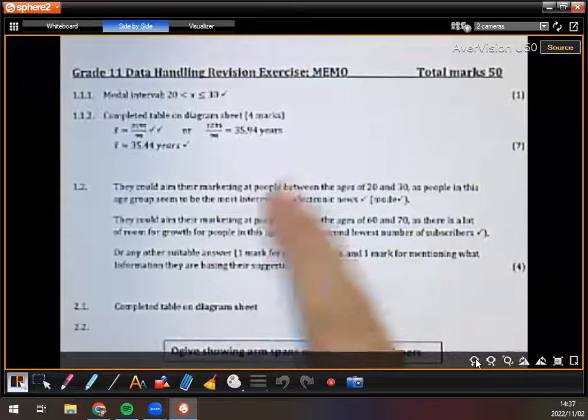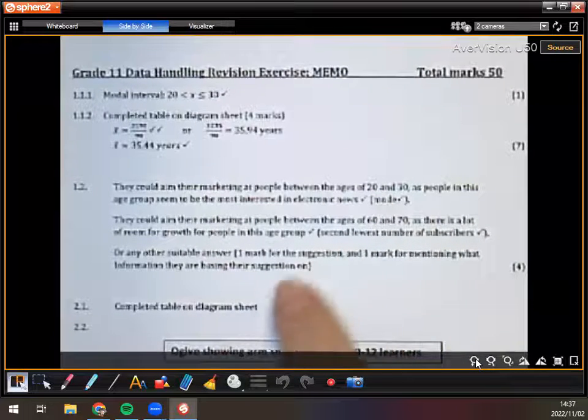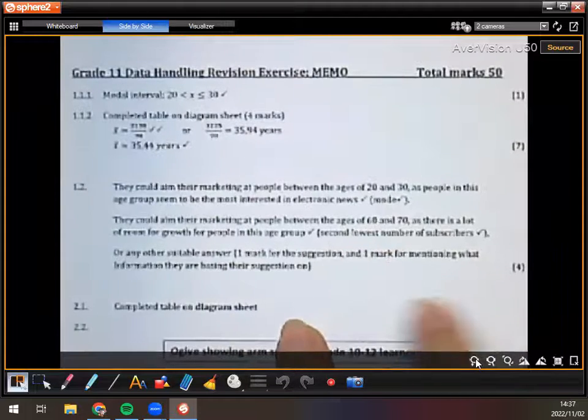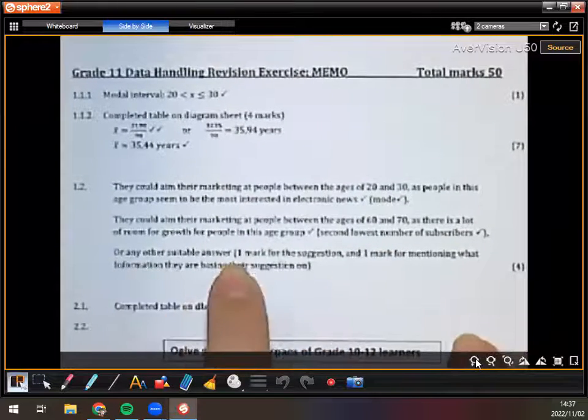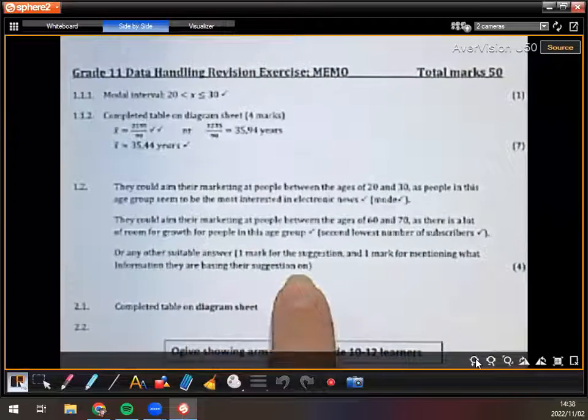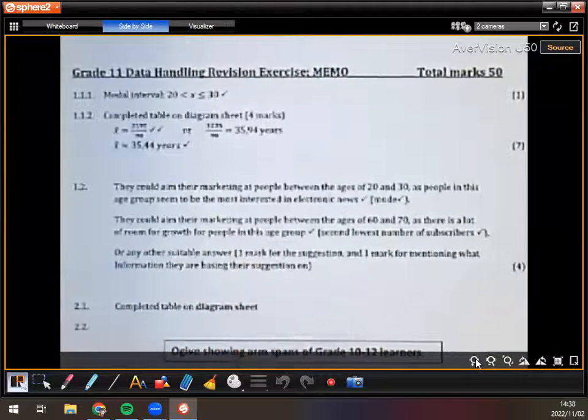Maybe you had the same ideas, but I gave you 3 out of 4 because you didn't mention actual values. The thing also is that it says here 1 mark for the suggestion and 1 mark for mentioning what information they're basing their suggestion on. So that's kind of what I went by. If both of your suggestions were aimed at the mode, then you couldn't get a mark for that twice, if that makes sense. So you had to talk about, okay, I'm going to aim my marketing at the people that are in the mode because they are my target audience, but then what about very old people?